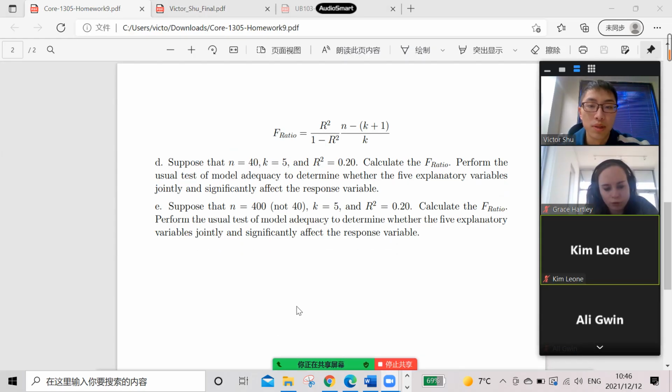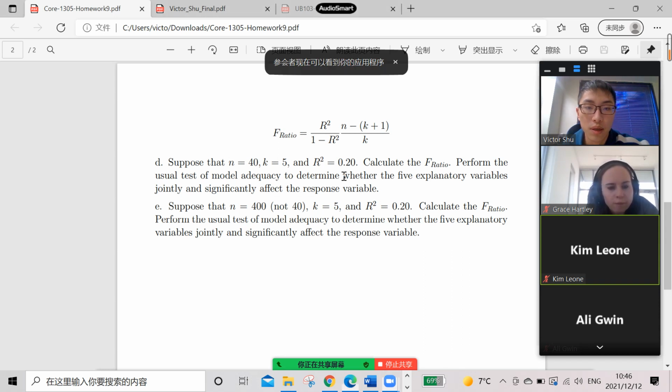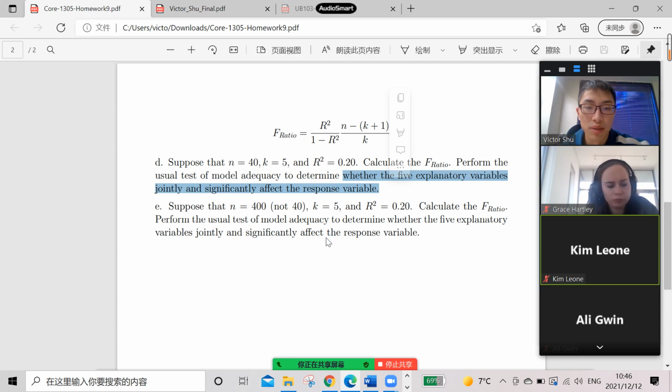If you look at this homework document, the question is whether the 5 explanatory variables jointly and significantly affect the response variable. So here the null hypothesis is an overall hypothesis, like all the 5 explanatory variables, beta 1, beta 2, beta 3, beta 4, and beta 5, jointly and significantly affect the response variable.